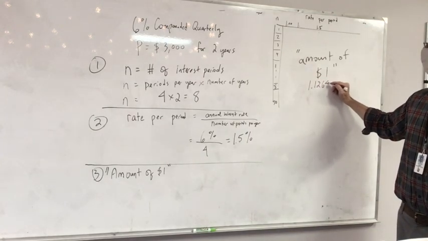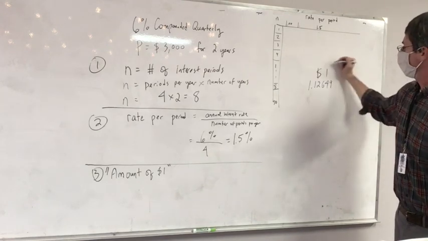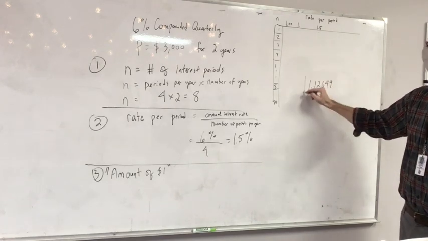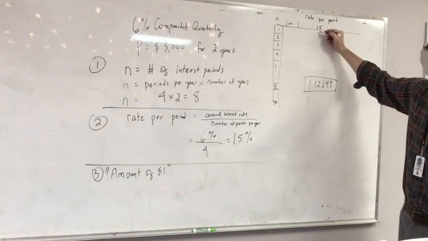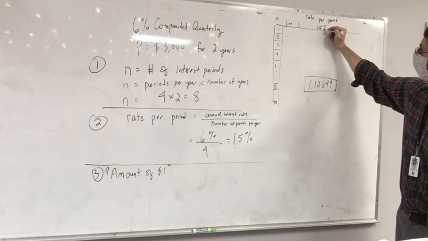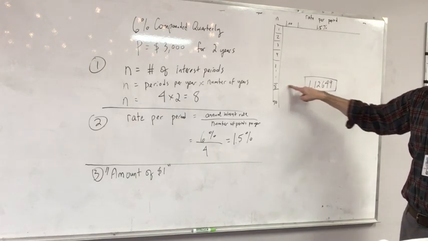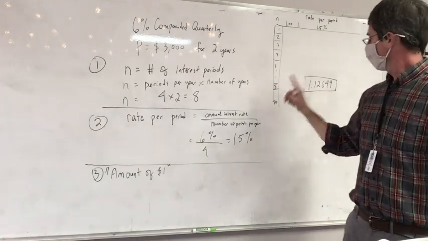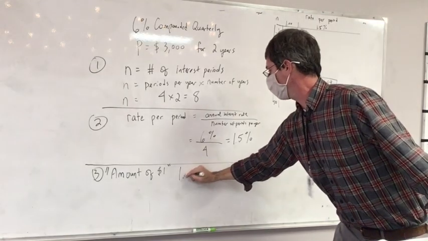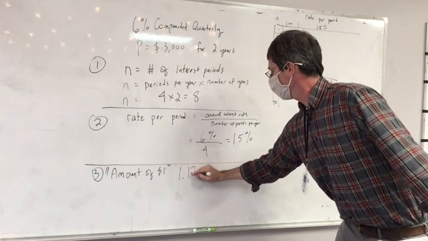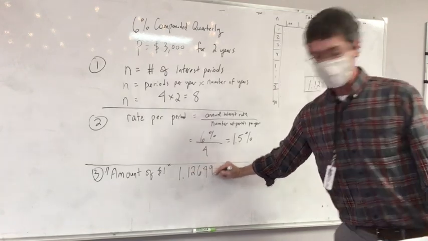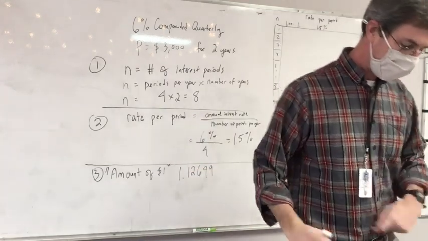She found this number right here, 1.12649, in the 1.5% column and in the row for n equals 8. All right, so that's where that number is. 1.12649. All right, so we're done with that table.